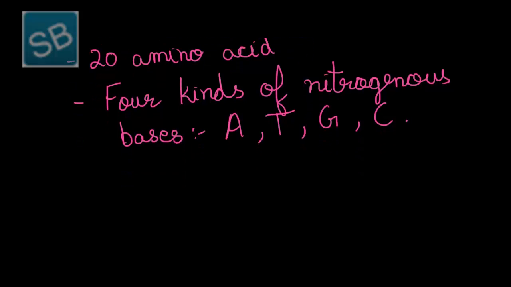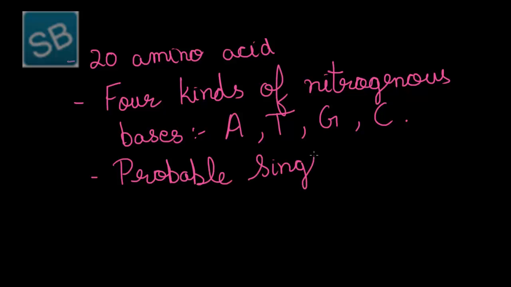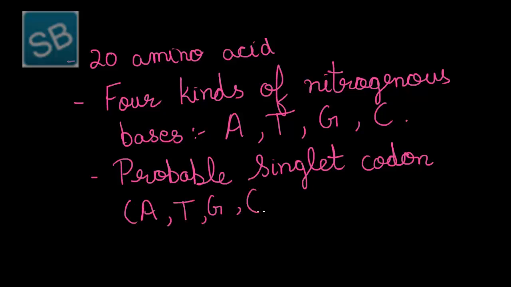If we suppose that these 4 nitrogenous bases occur in a single manner, that is forming singlet codon, that is A, T, G and C, then on this basis only 4 codons would form, but the coding of 20 amino acids should occur. On this basis 4 codons are very less.